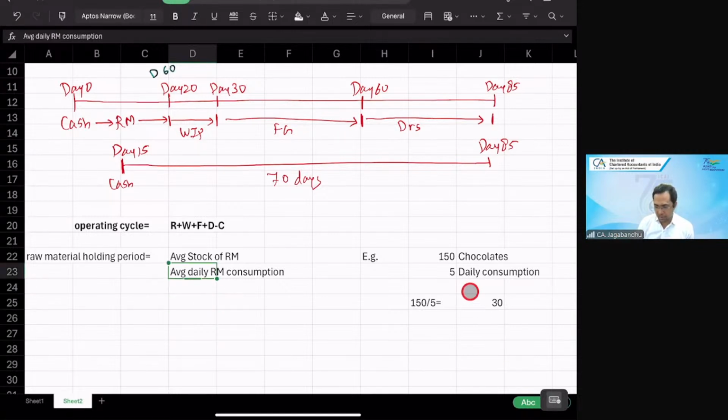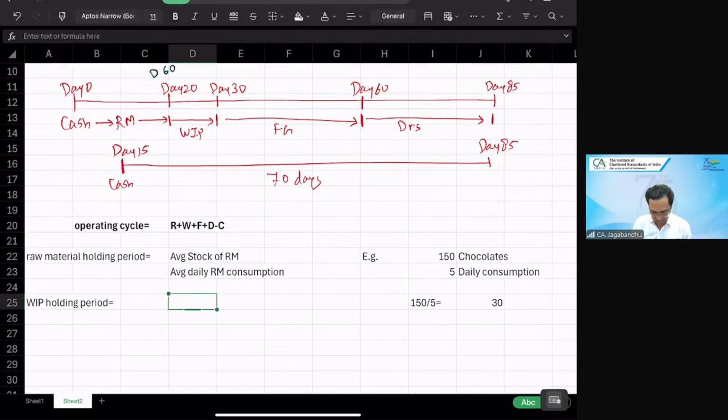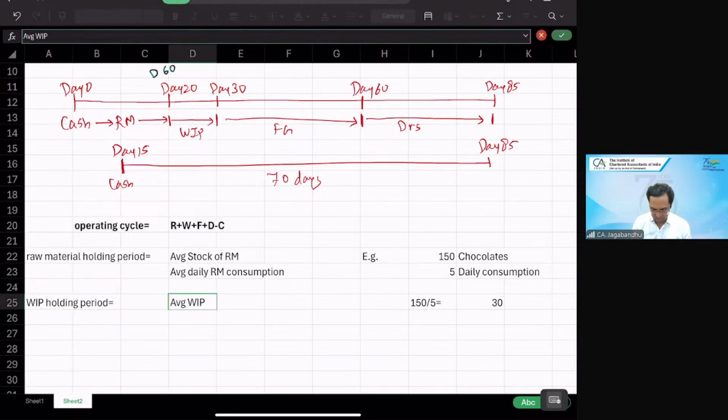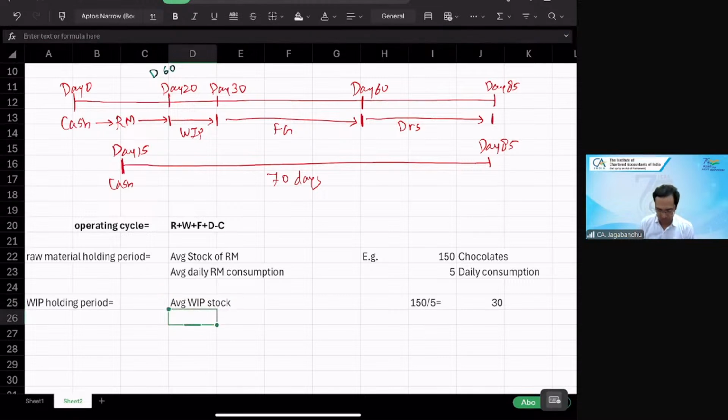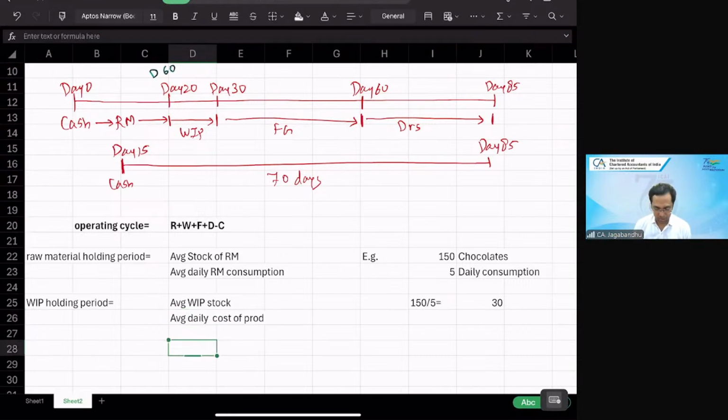So that's what we did, right? 150 divided by 5. That's a simple formula. Same way, if I want to compute the formula for WIP holding period, which is work in progress holding period or conversion period, then this is simply going to be average WIP stock upon average daily cost of production.